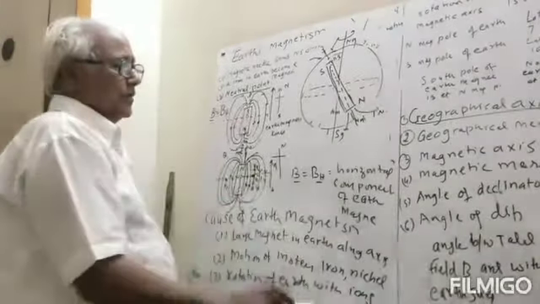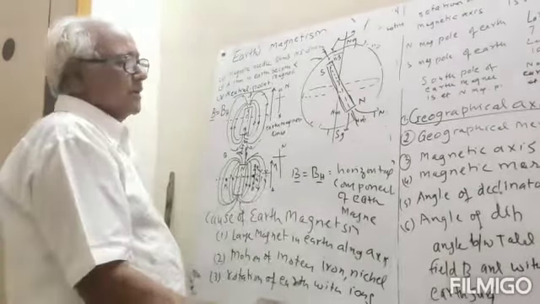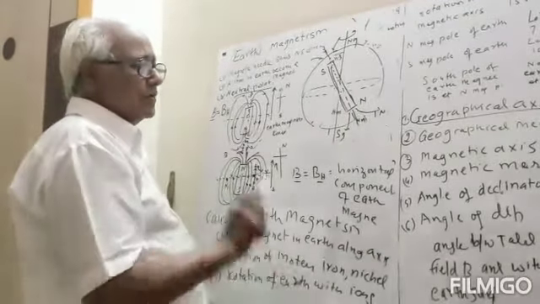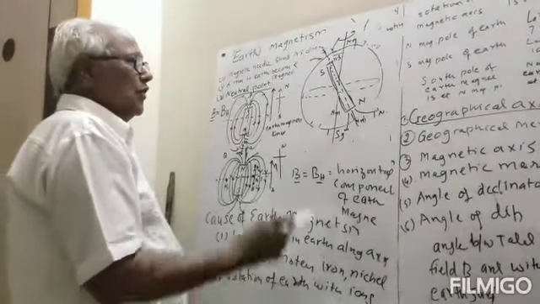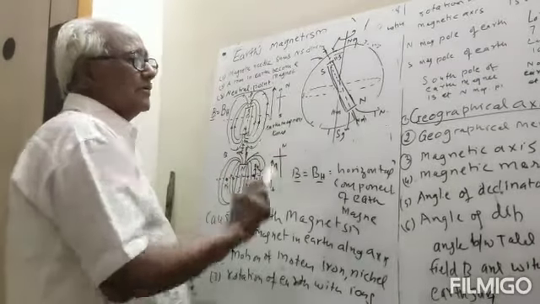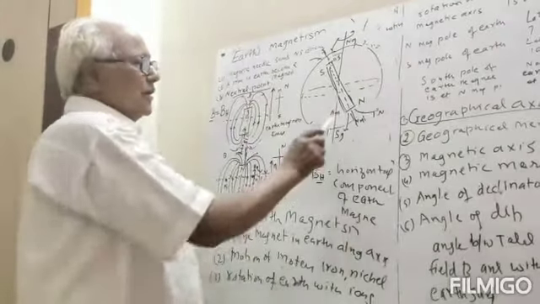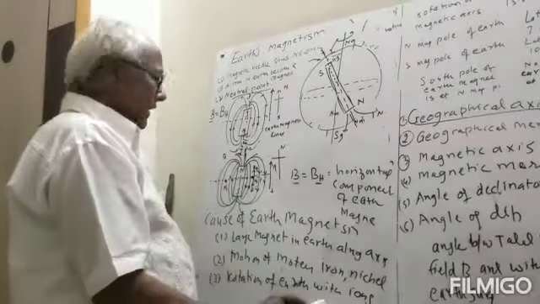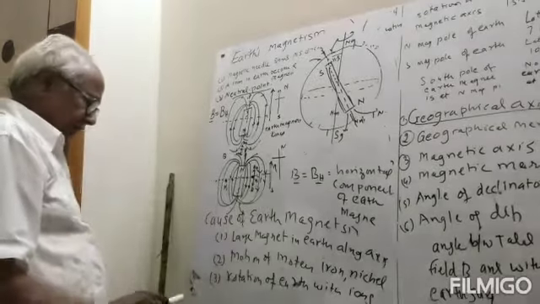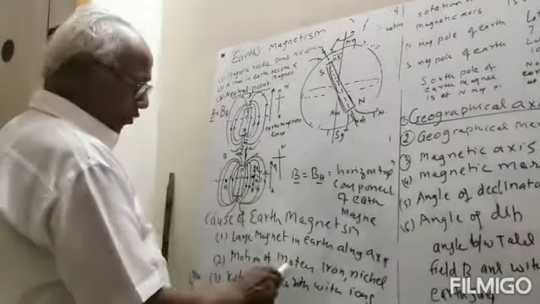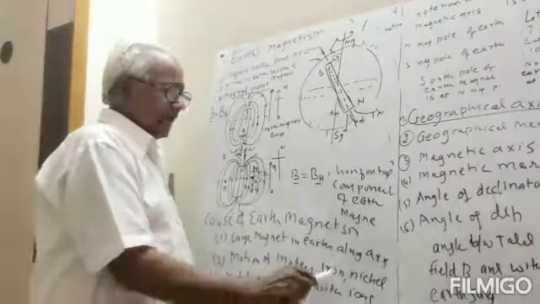If you hammer it many times, then also the magnet loses its magnetic property. So at very high temperature, it is not possible to have a bar magnet inside. So this theory failed.